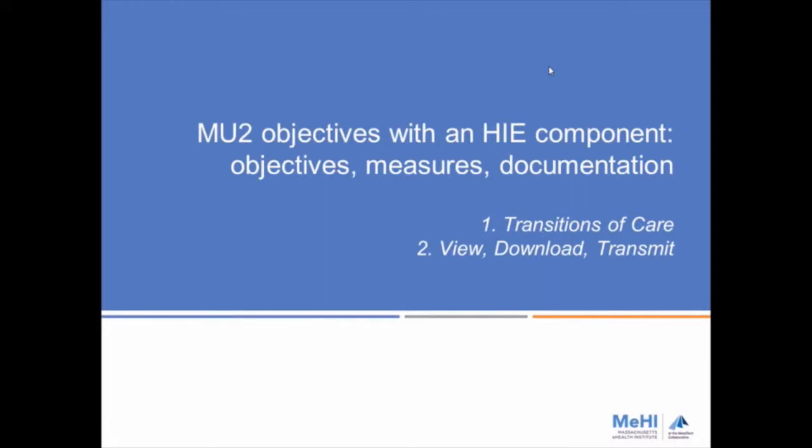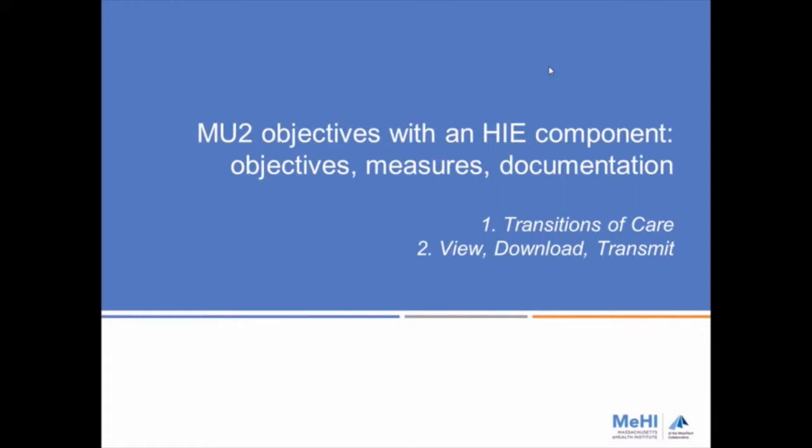So unfortunately, that's very confusing. But I like to look at it this way: the objective is what it is you're trying to achieve. The measures are the means by which you achieve the objective. So if you fulfill the measures, by definition, you will then achieve the objective.